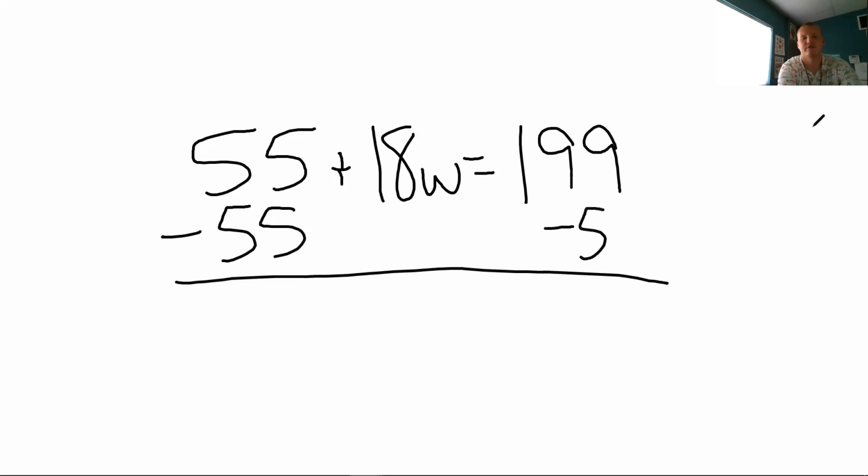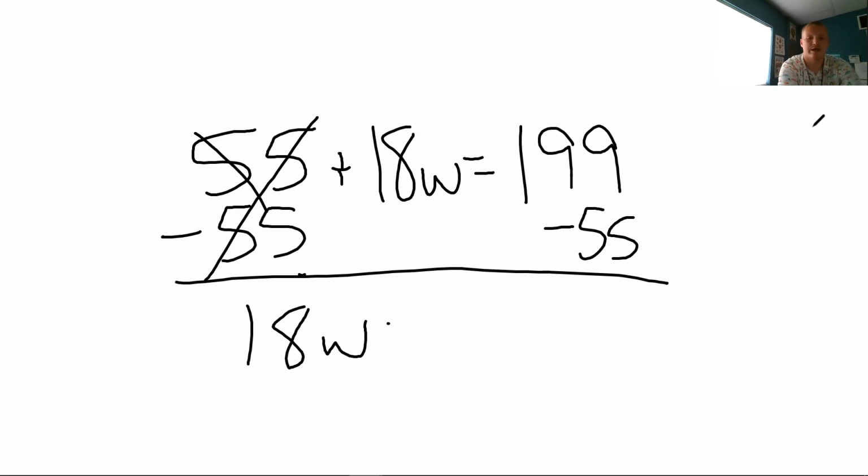And I'm left with 18W equals 199 minus 55, 144. So my first step is subtracting 55. So my options, oh, it's only letter B. So the answer would have to be letter B, but I'm going to finish it off here.